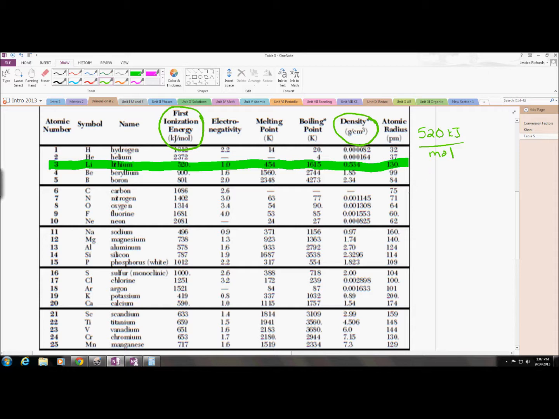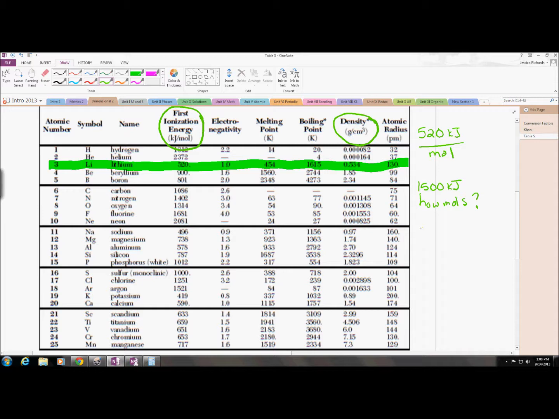Okay? So if I say it took 1,500 kilojoules of energy to remove electrons using the first ionization energy, how many moles of lithium were there?